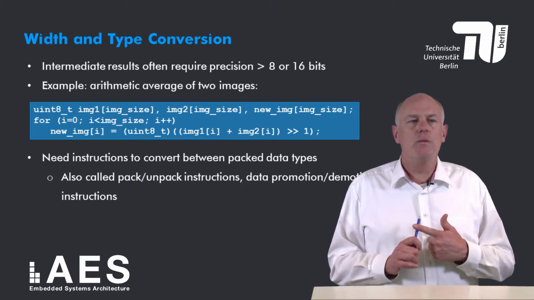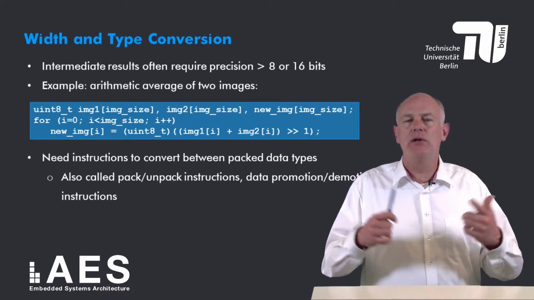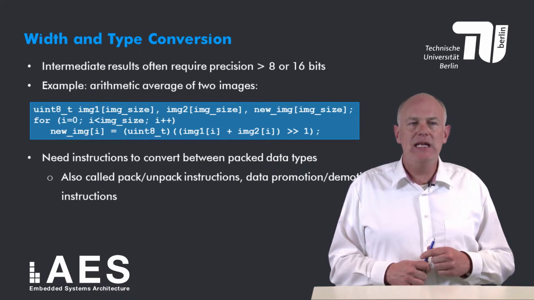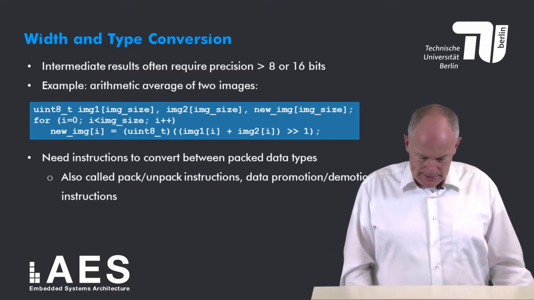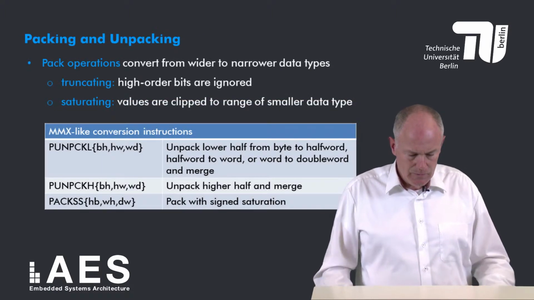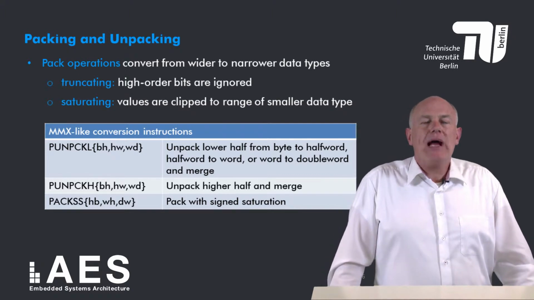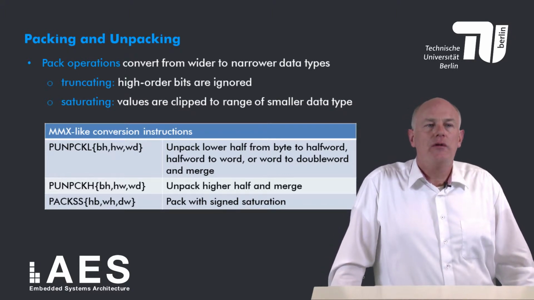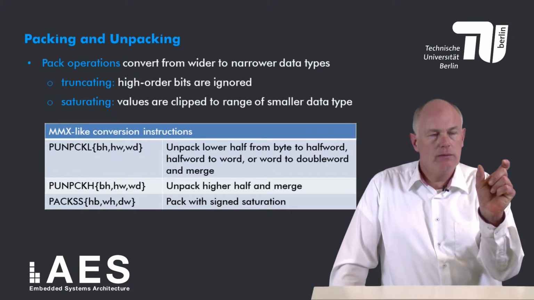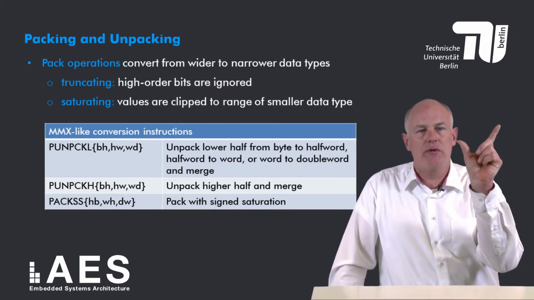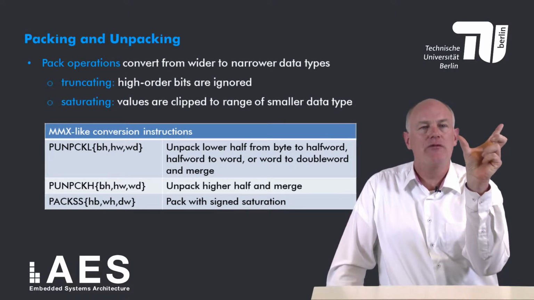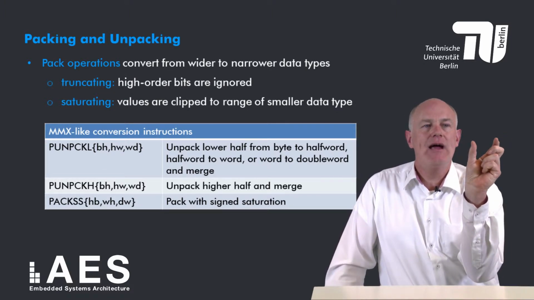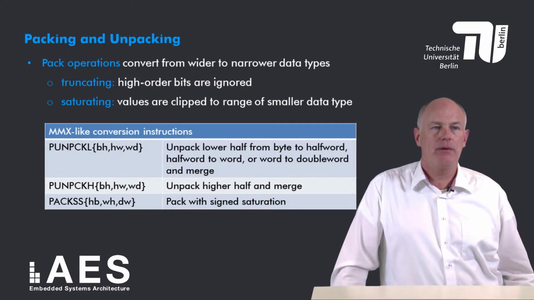They are also called pack-unpack instructions, for example in Sun's VIS multimedia extension, data promotion, demotion, etc. Pack operations convert from a larger to a smaller data type, in other words, from a wider to a narrower data type.